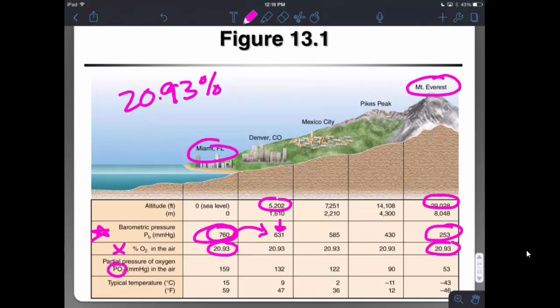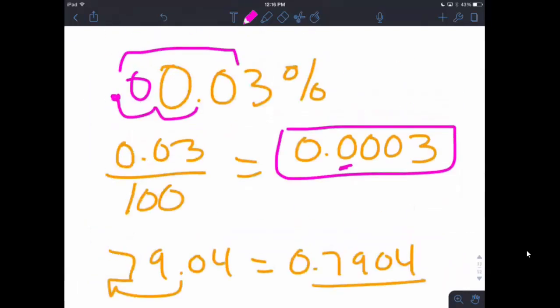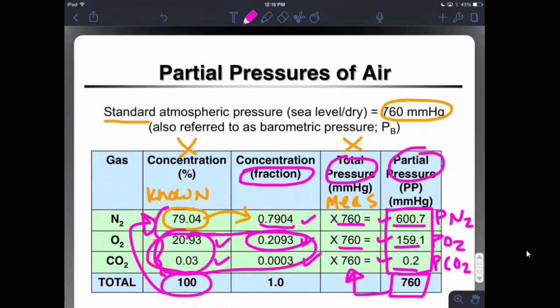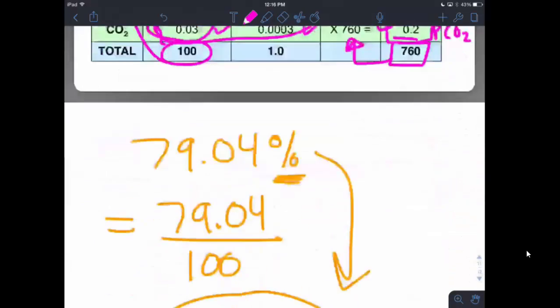is, to calculate the PO2, you multiply the barometric pressure by the concentration, and remember that the partial pressure of oxygen at sea level is 159.1, okay?